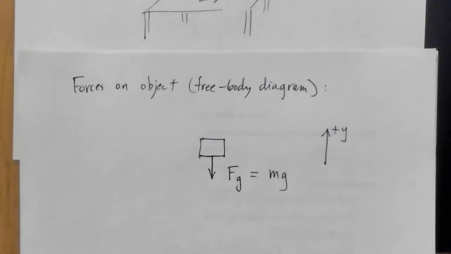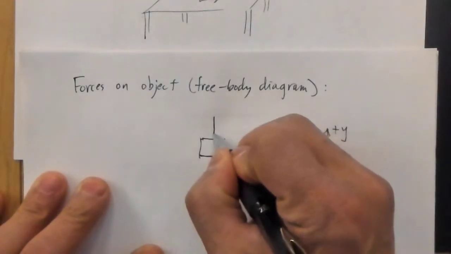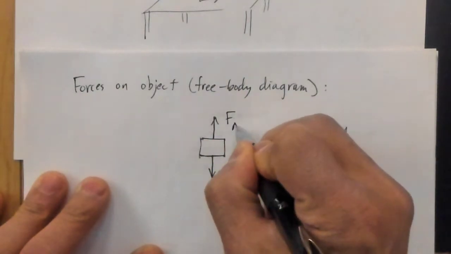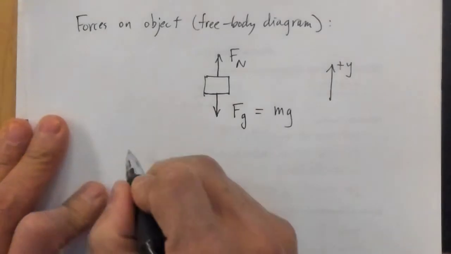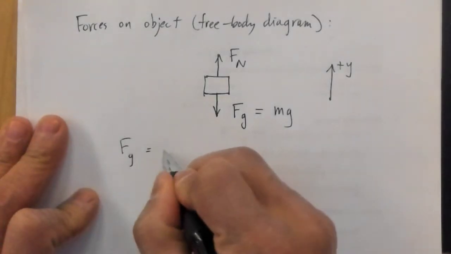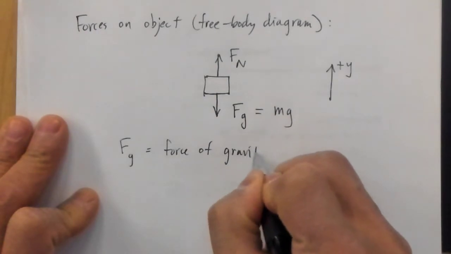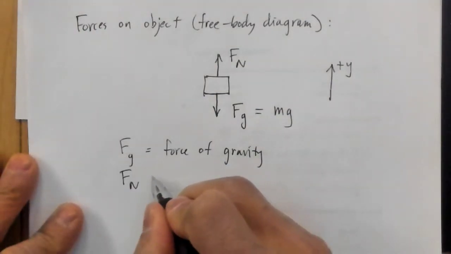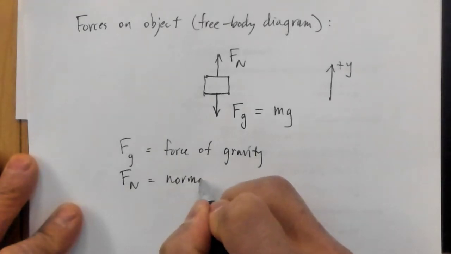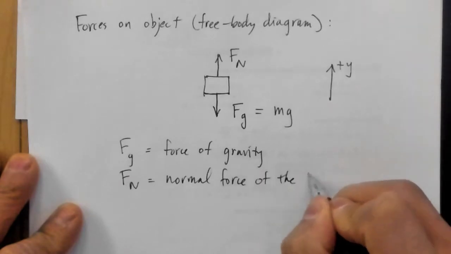Now, there's a force that the table is exerting on the object, and this is what's called a normal force. I'll write it as Fn. Just to label these things carefully, Fg is the force of gravity, and Fn is the normal force of the table.